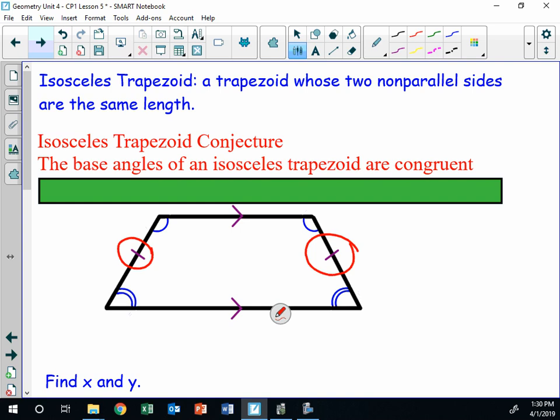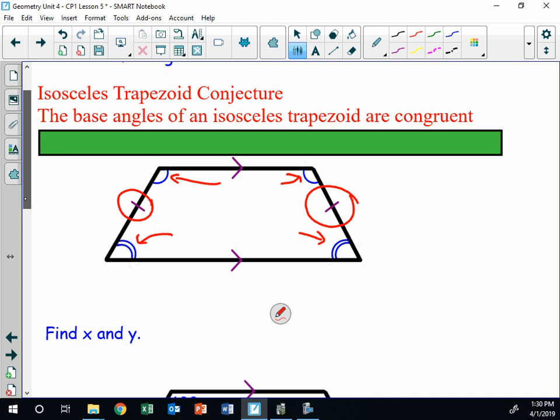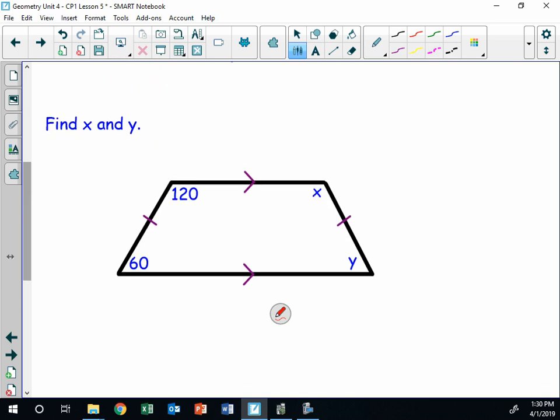Based on those tick marks, we know that the lengths are the same, connecting parallel lines, so that creates base angles that have to be the same, just like we have with an isosceles triangle. Using that idea, we can fill in this picture, looking for the equal measurements on the sides. That allows us to copy over the angle measures from there.